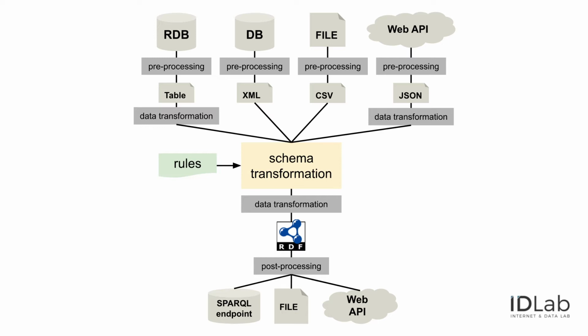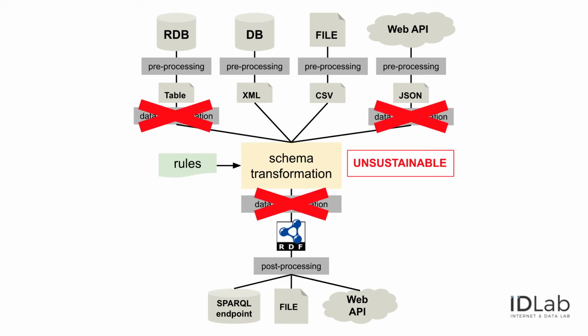In reality, you need to transform data and pre-process it in order to access it and have it in the format that you need. Therefore, it becomes unsustainable again, as these same hard-coded scripts are now used to perform the data transformation instead of generating the knowledge graph itself.